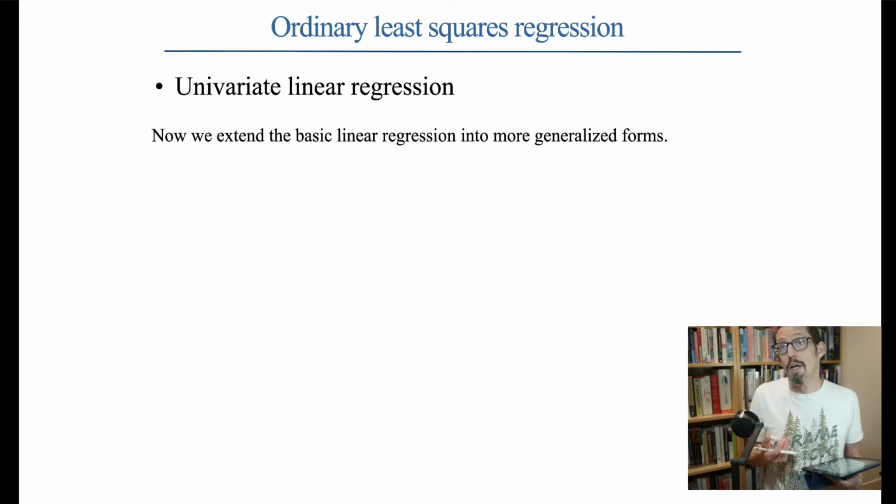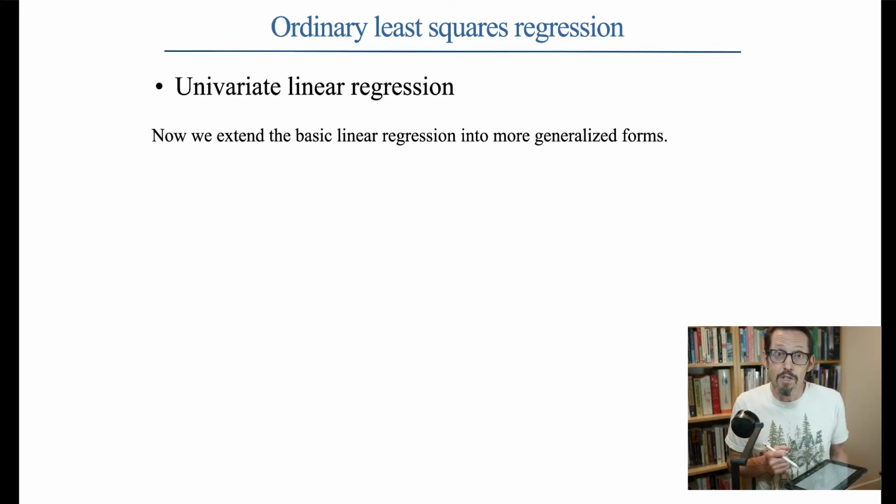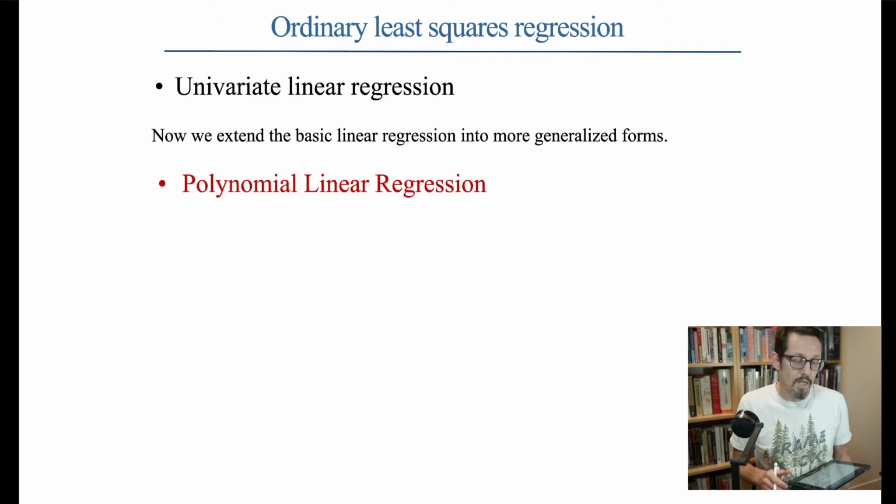So now we get to do something actually new instead of just a recap of a couple of lectures ago. We don't have to do just straight lines with least squares. We can do more interesting curves. And that may seem a little bit weird because we've kept talking about least squares as a method which is linear, and you're like, well, it must fit linear data, but no, sir.